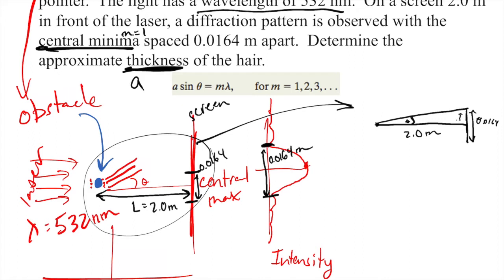So I have to find out what this length is, and that's going to be 0.0164 divided by 2. We know it's exactly half because of the symmetry going on.